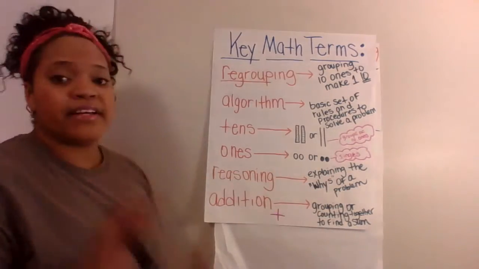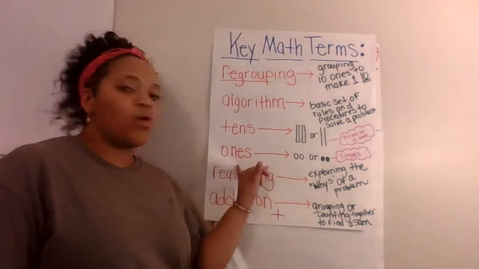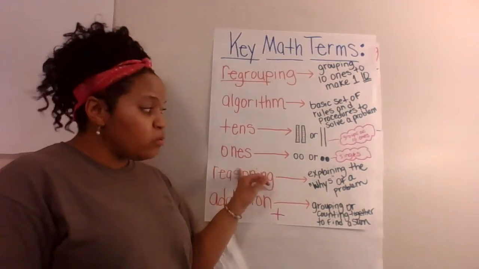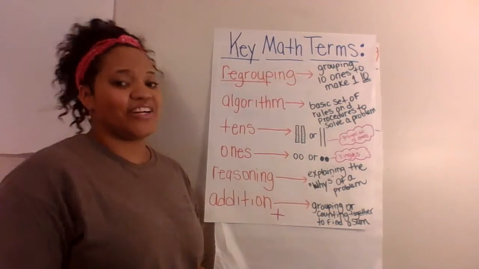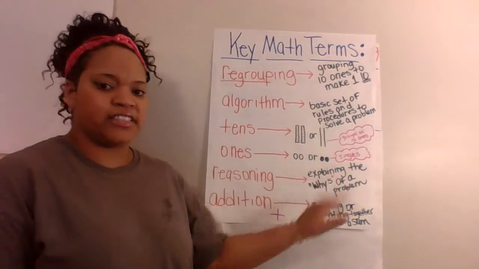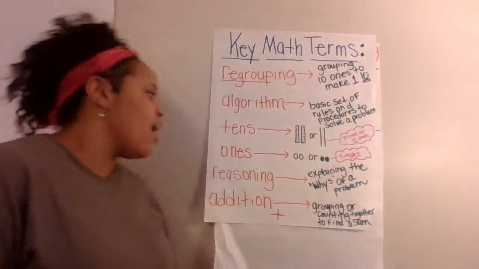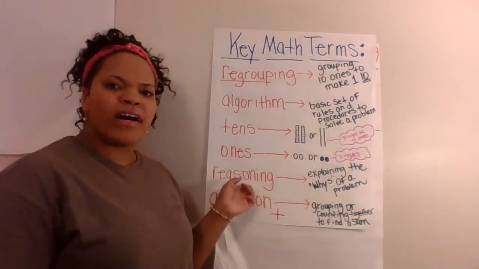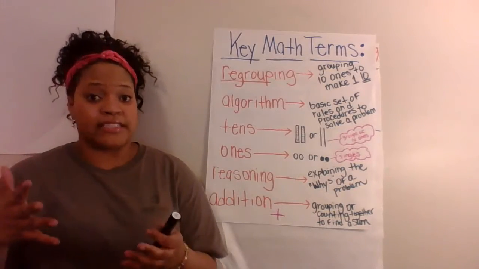It should be a good review for my class because we've gone over this, but I need to hit it again. Ones can be written as circles or dots. I like to do dots. They're easier and faster, but each one of them represents one. They are singles, just like Miss Hamilton is single. Okay. So reasoning: what does it mean when we want you to explain your mathematical reasoning?